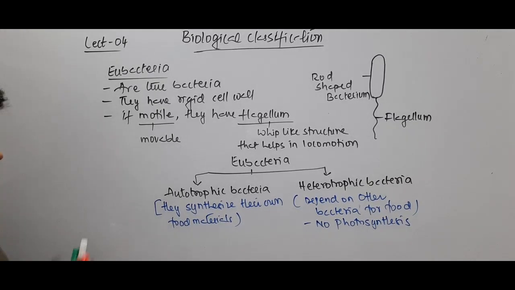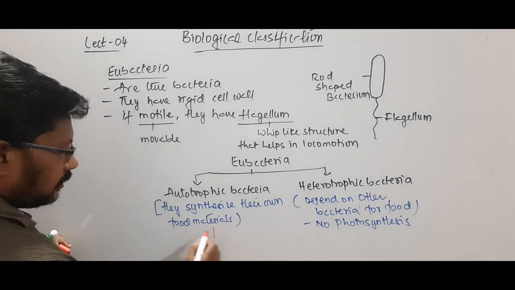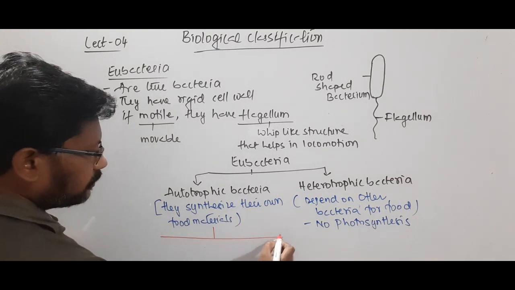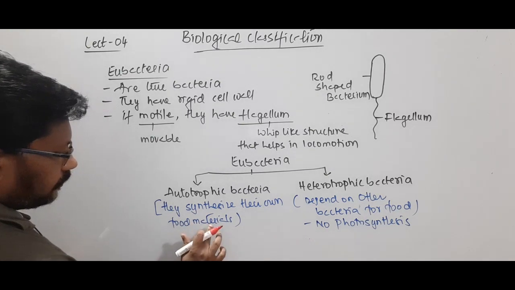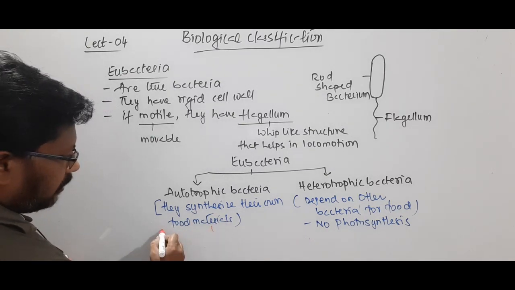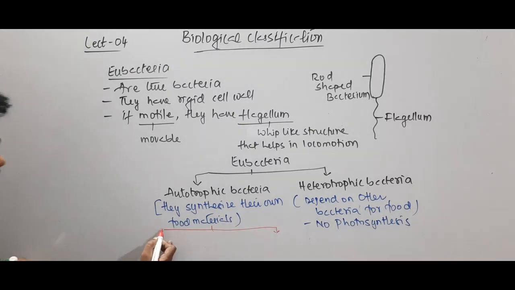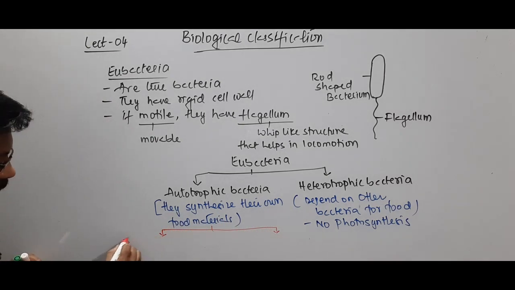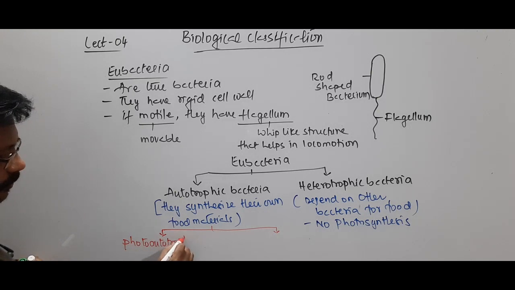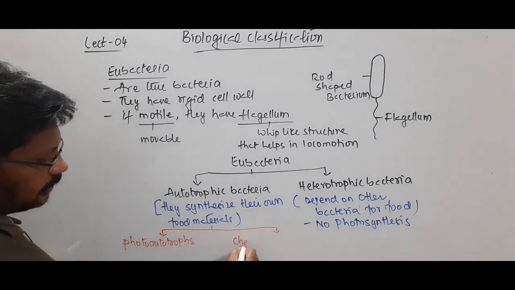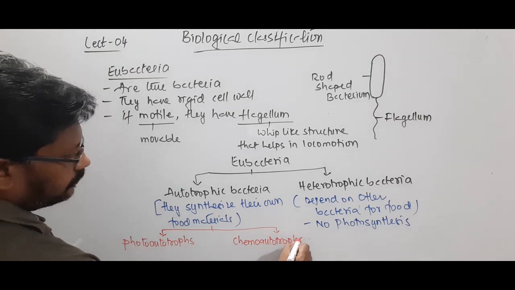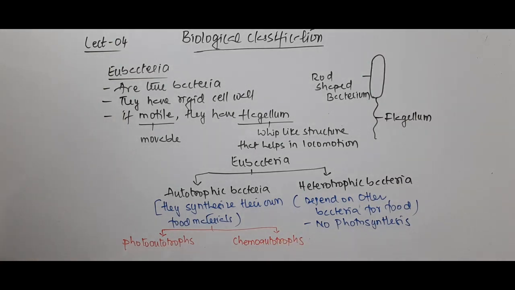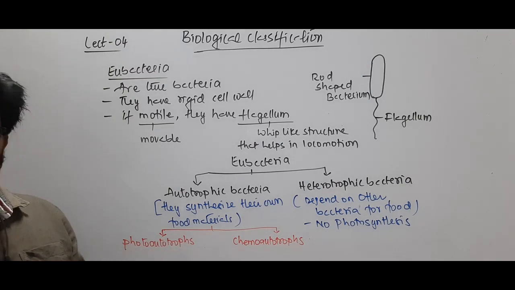That is, you can take them as photoautotrophs and chemoautotrophs. These autotrophic bacteria are of two types: photoautotrophs and chemoautotrophs. These are the two categories under autotrophic bacteria.